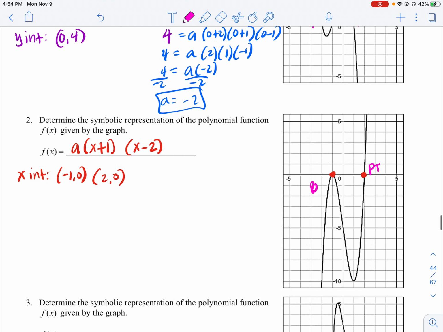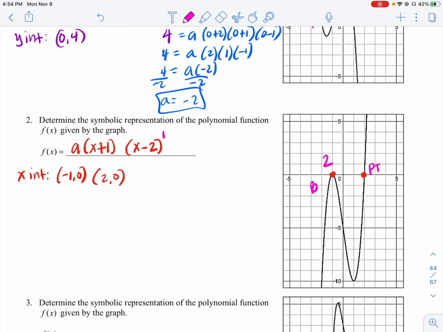For the x minus 2, which is this 2, 0, because it passes through, that point is only used once. But for the -1, 0, it did not pass through, it bounces. That means that that point is not used once. This one was used twice.